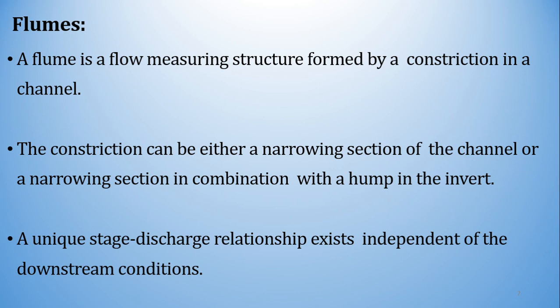Then comes flumes. A flume is a flow measuring structure formed by a constriction in the channel. The constriction can be either a narrowing section of the channel or a narrowing section in combination with a hump in the invert. A unique stage discharge relationship exists independent of the downstream conditions.